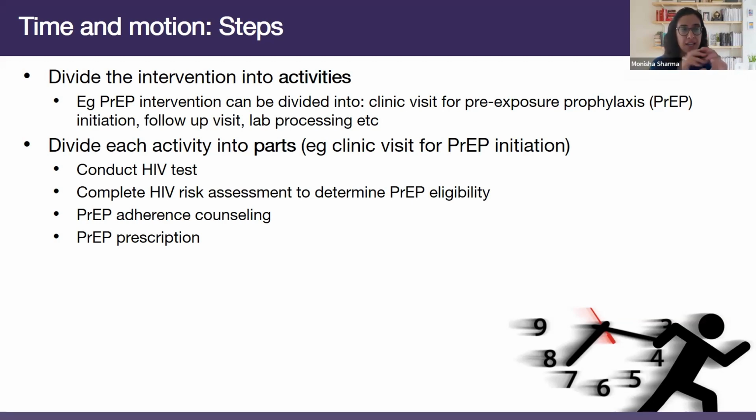So if you took the clinic visit for PrEP initiation, you could divide that into parts. Like first, the provider conducts an HIV test to make sure that that person is negative. Then they do a risk assessment to determine PrEP eligibility, then provide counseling, and then the PrEP prescription. And then you can time each part.